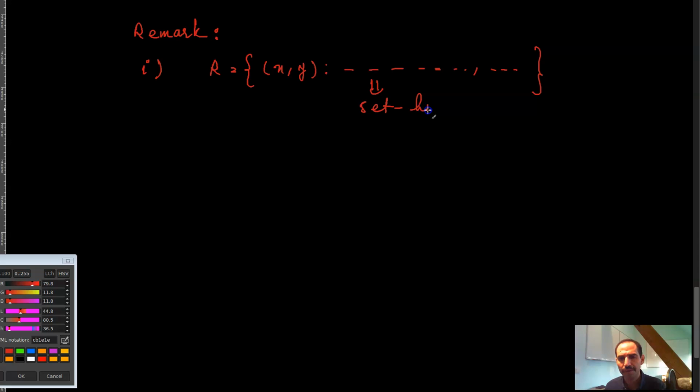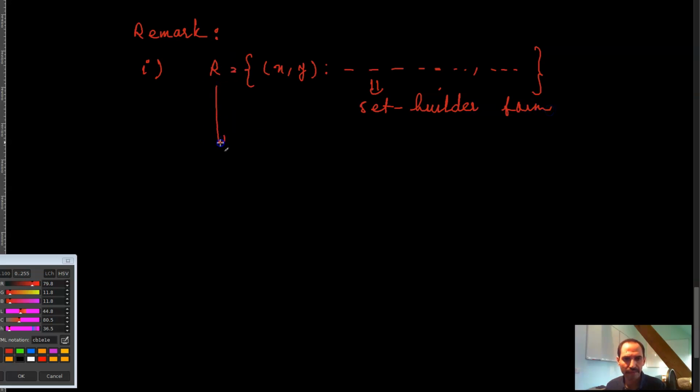So the relation could be represented by, for example, R is equal to all the ordered pairs x and y, such that, for example, this relationship exists between x and y, and so on and so forth. That is basically the set builder form.